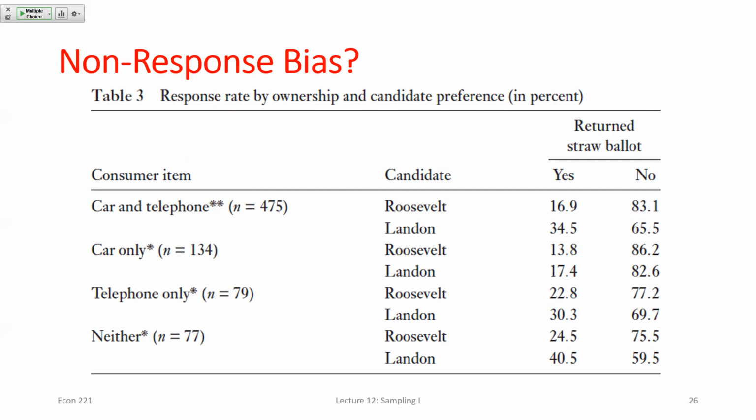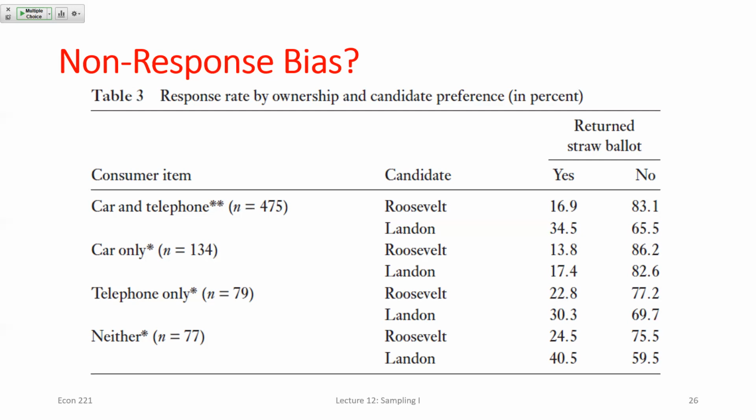They were able to find another political poll at the time that had who the person voted for in the 1936 election, and then whether or not they responded to this other political poll. So they're calling this, they returned this straw ballot, right? This is going to be some indicator of how responsive different groups were at the time to actually returning a political poll. It's not perfect. We don't have the actual data on this survey itself, but we had another survey we had data on.